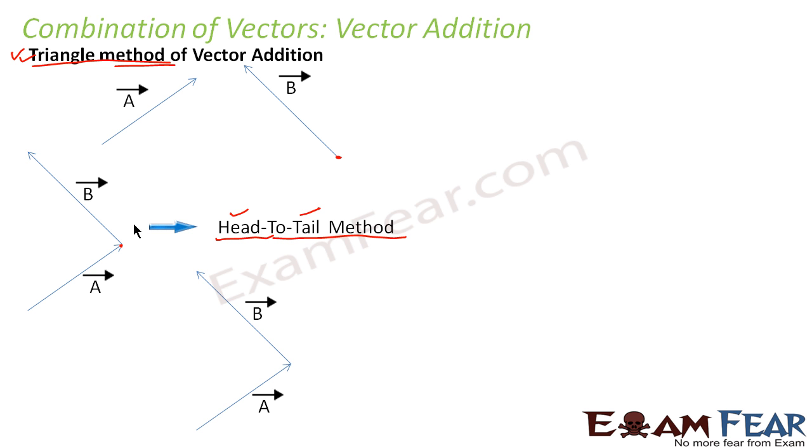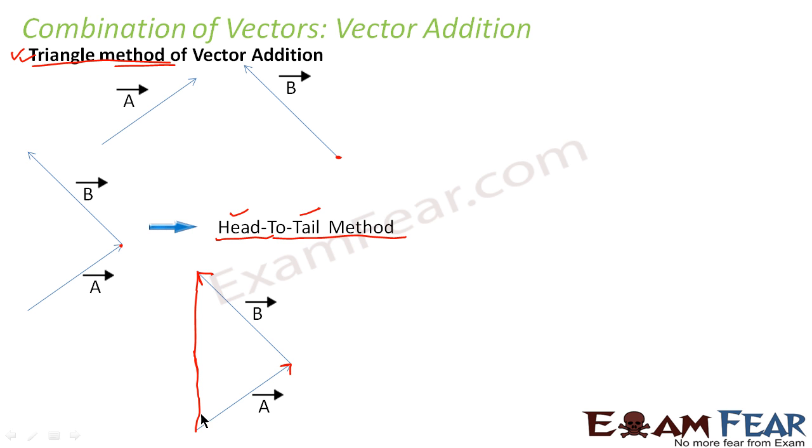In the next step, what we do is this: A and B are considered as two sides of a triangle. So when I say that I want to add A and B, the addition of A and B is nothing but the line which joins these two line ends. That means, see, A is in this direction, B is in this direction.